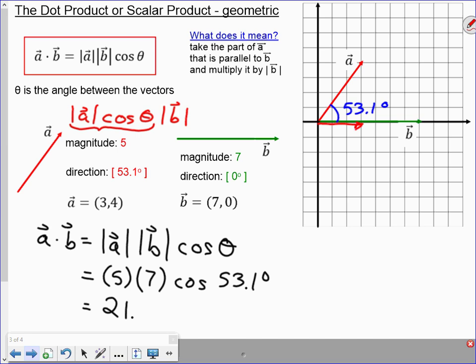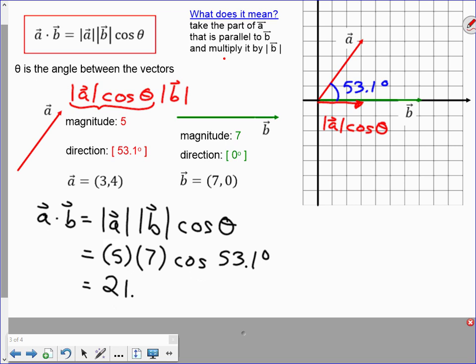So that would be this vector right here, magnitude A cos theta. So my dot product, magnitude A cos theta times magnitude B, is saying take the part of vector A which is in the same direction as B, and only that part of it, and then multiply that by the magnitude of B, which is what it says right up in here. So this is how the dot product represents parallel multiplication between these two things.